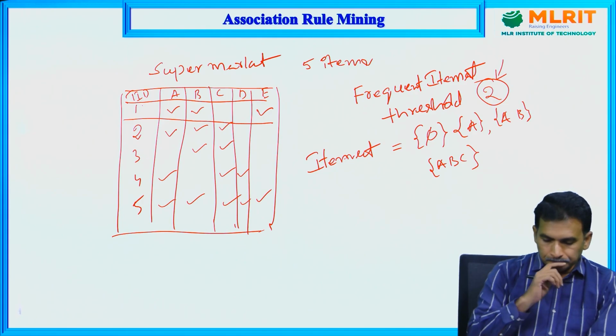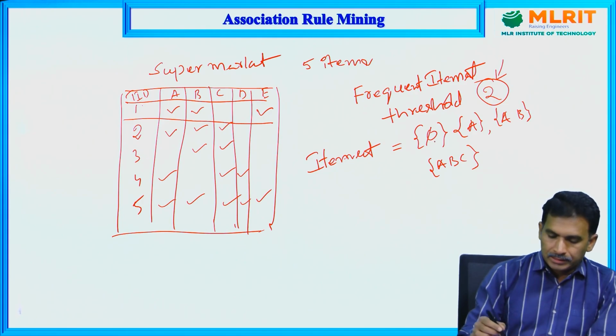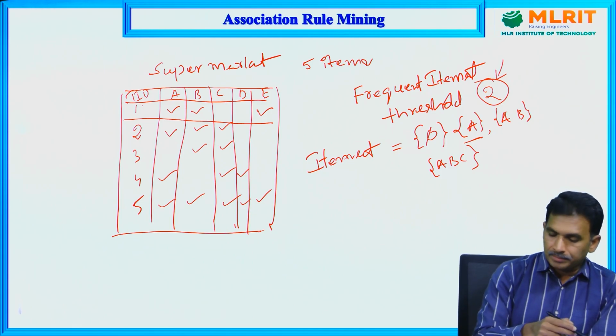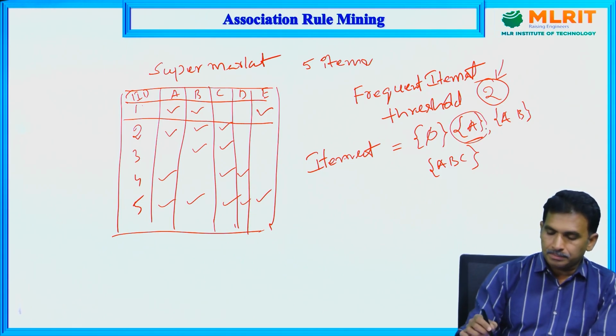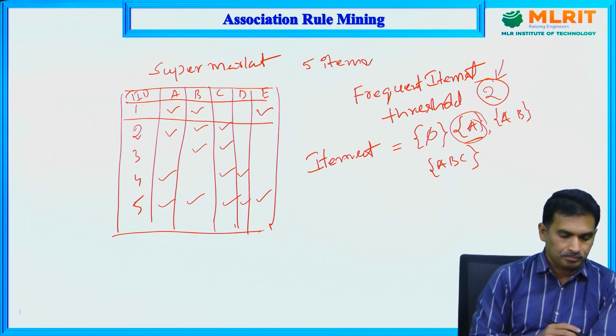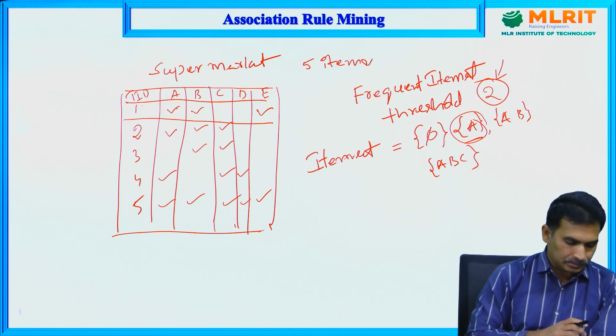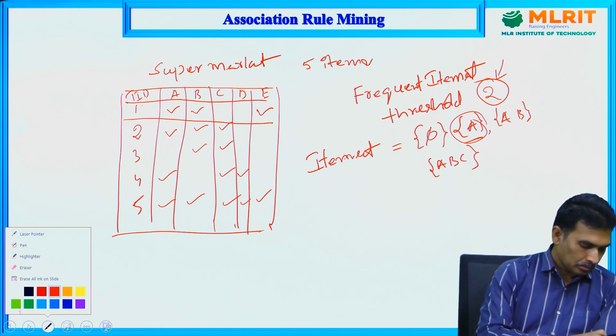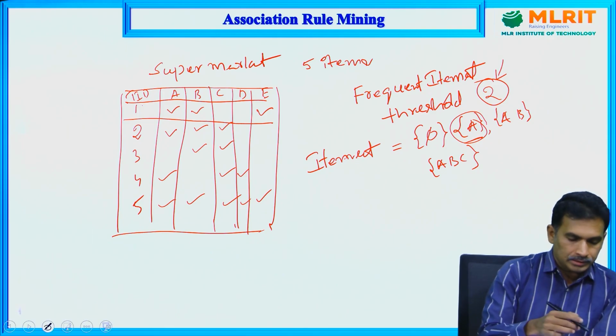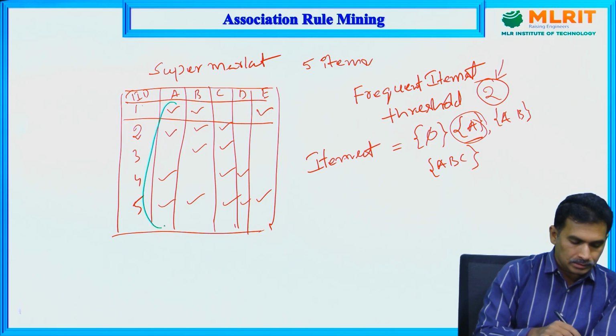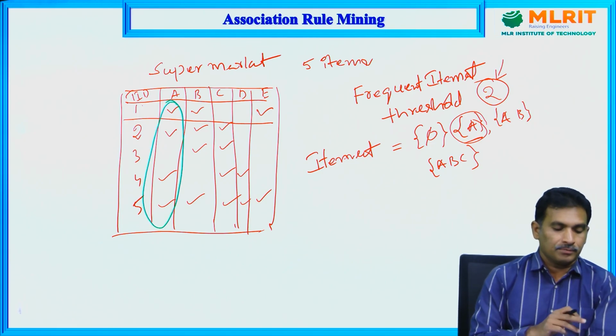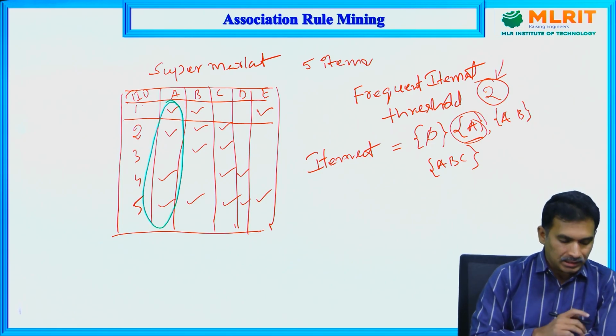Suppose you take A, how many times did this item set appear in the transactional database? Here this item appeared in 4 transactions. That is the frequency.